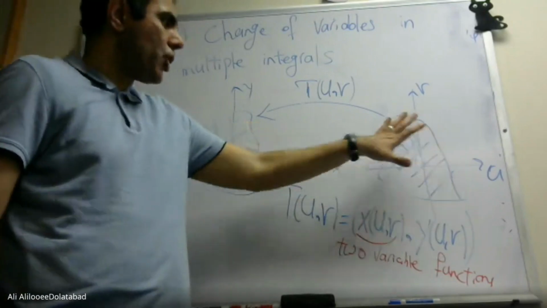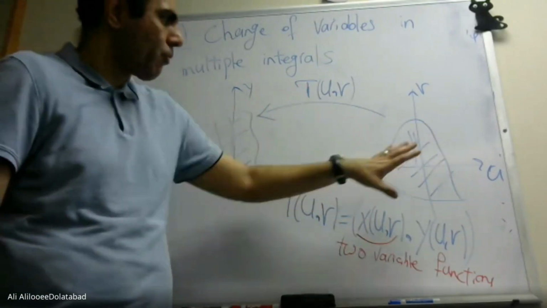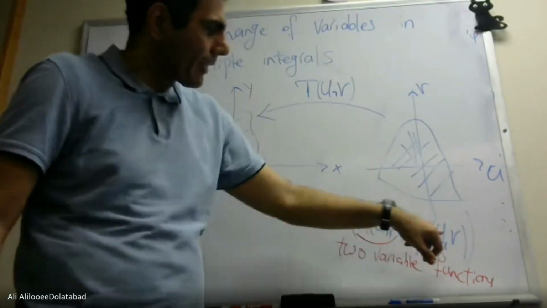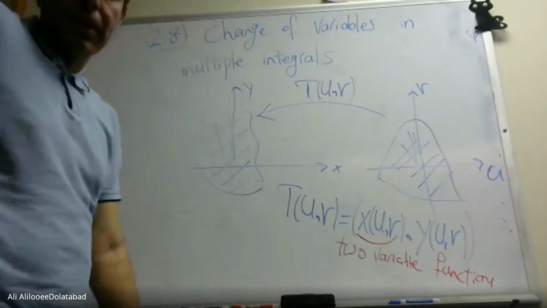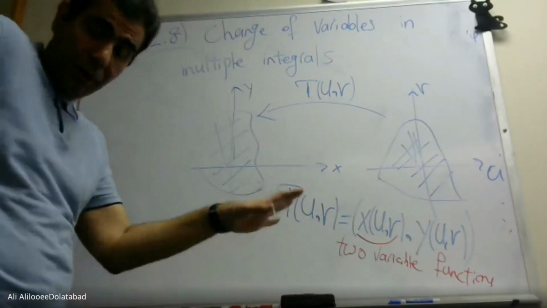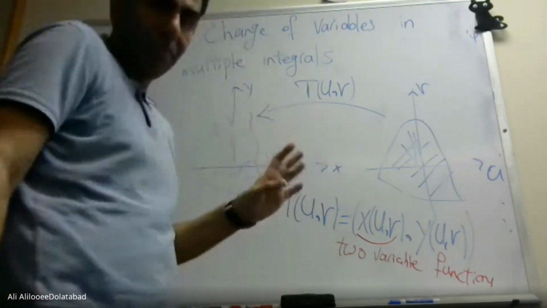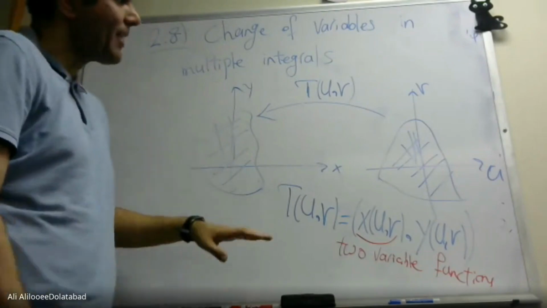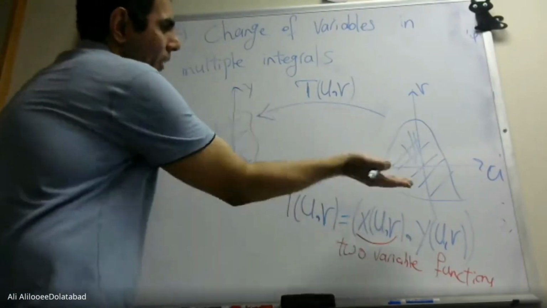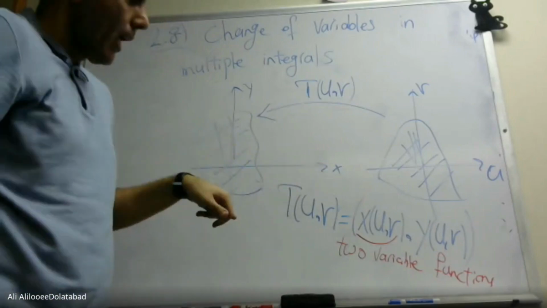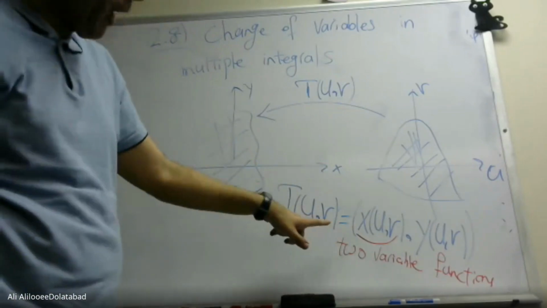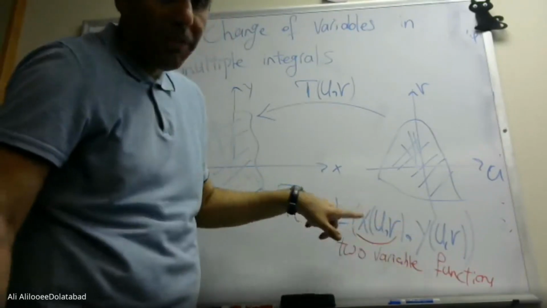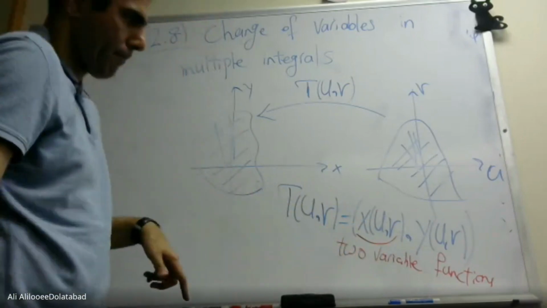Let's see, you have one region, you have another region. By using this transformation, you can transform one region to another. I know it sounds very odd, very strange. We will see more examples. But mostly people prefer to assume that x and y are two differentiable functions.